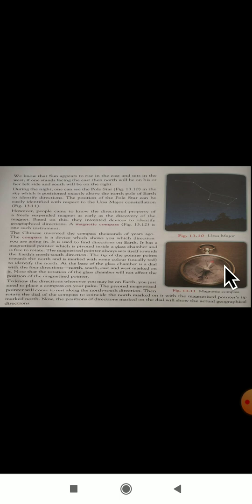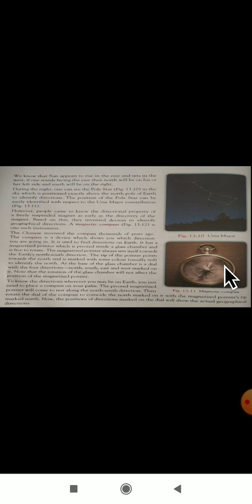It should be on a proper base. The pivoted magnetized pointer will come to rest along the north-south direction. Then rotate the dial on the compass to coincide the north marked on it with the magnetized pointer tip marked north. Now the position of the directions marked on the dial will show the actual geographical directions.